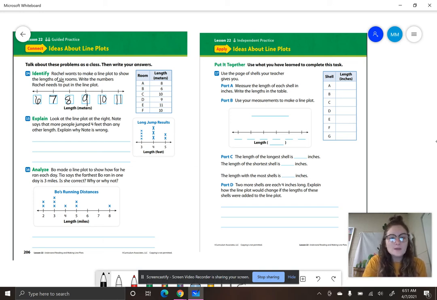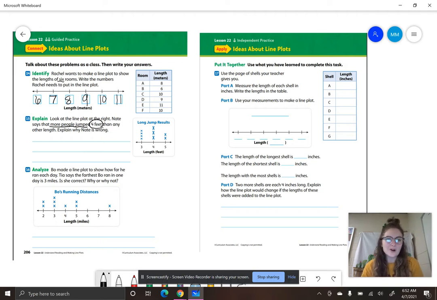How many people jumped 3 feet? 1, 2, 3, 4. How many people jumped 4 feet? 1, 2, 3. And how many people jumped 5 feet? 1, 2.